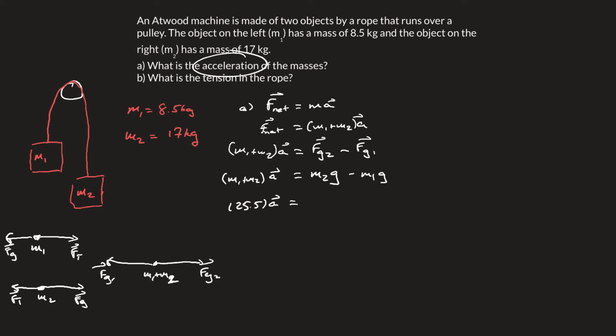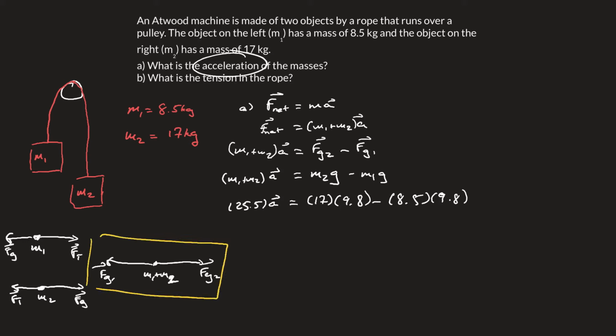M2 times g, 17 times 9.8. M1 times g, 8.5, 9.8.